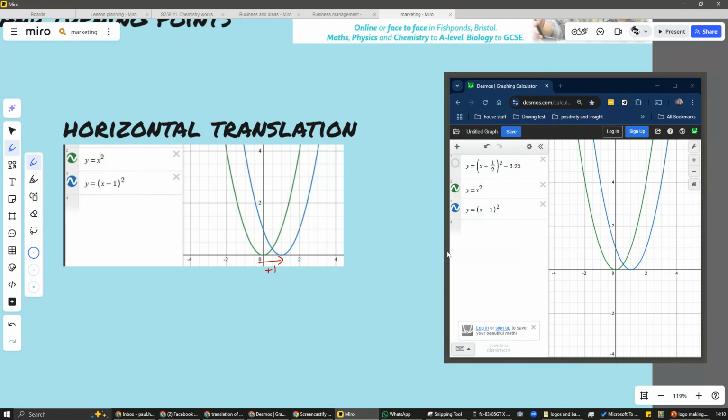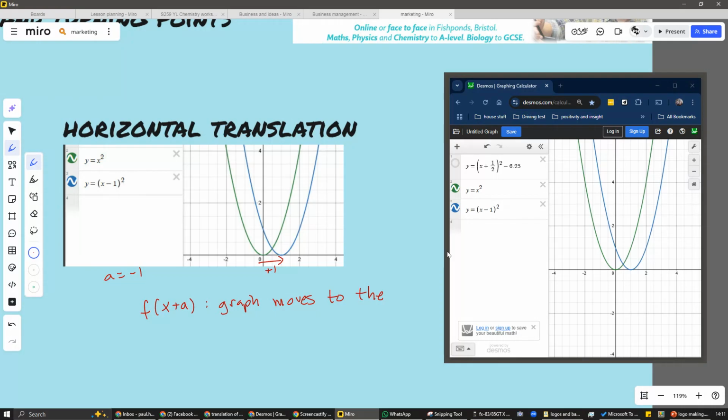Basically, if I do f of x plus a, where in this case a would be equal to -1, then this means the graph moves to the left.